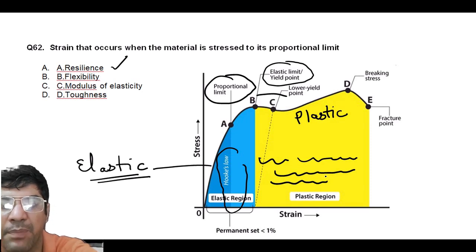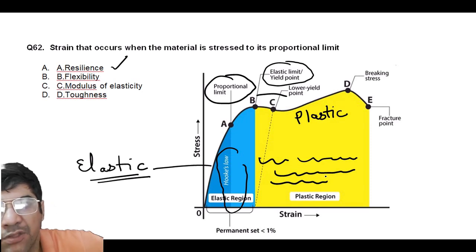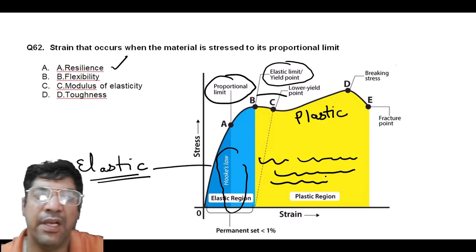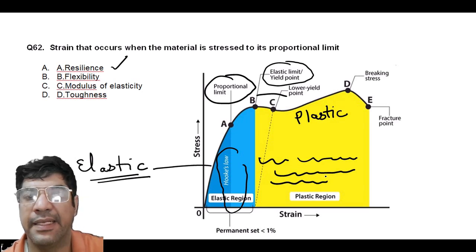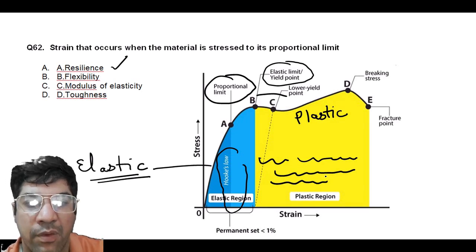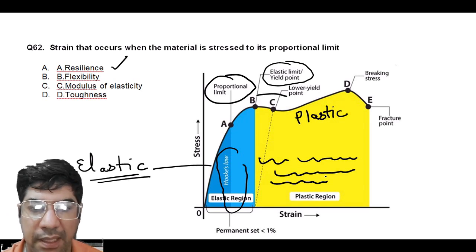The third is the plastic region. This yellow region is the plastic zone. In this region the material will continue to deform and its shape changes without returning to its original form. And last is the fracture point.